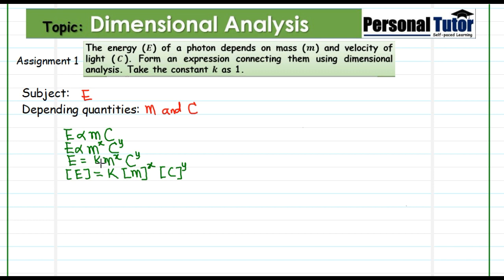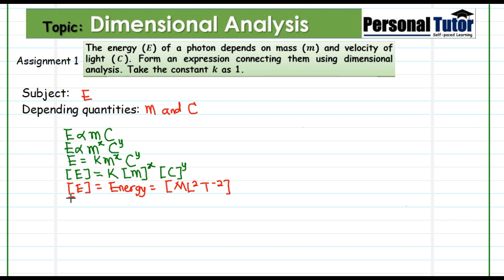Let's take the various terms and expand them. The dimension of E in the question is energy, and energy is expressed dimensionally as M L square T minus 2.